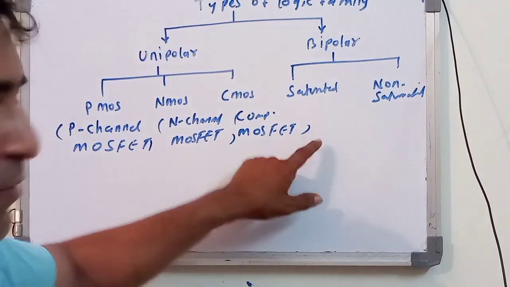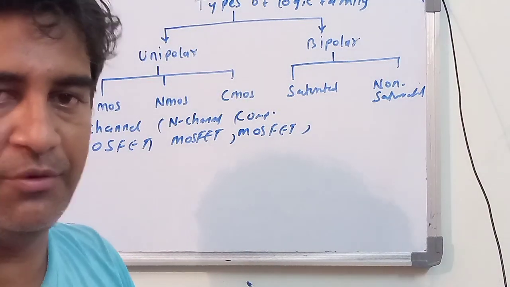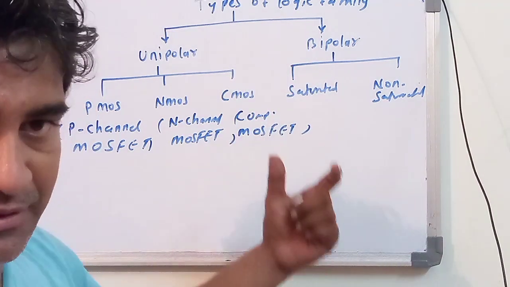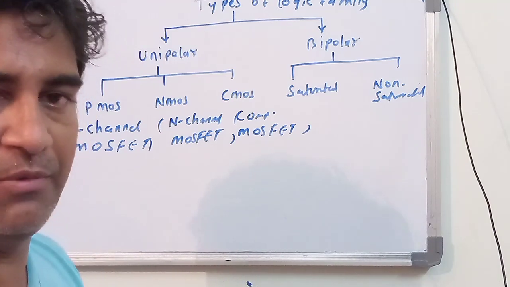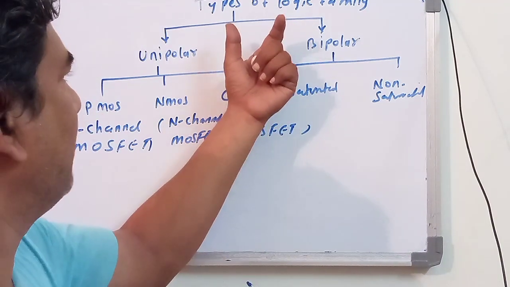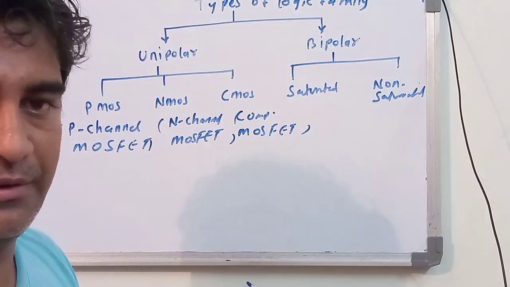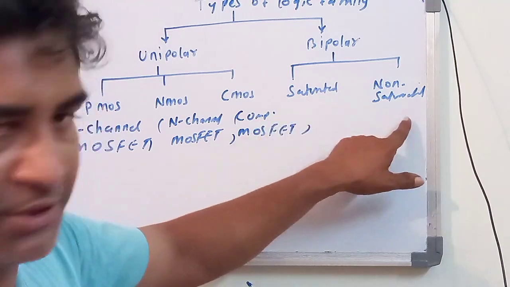Students, from this particular chart you are able to design your own theory. If your examination asks you to explain the types of the logic family, or describe all the types of logic family, from this chart you should be able to describe it.